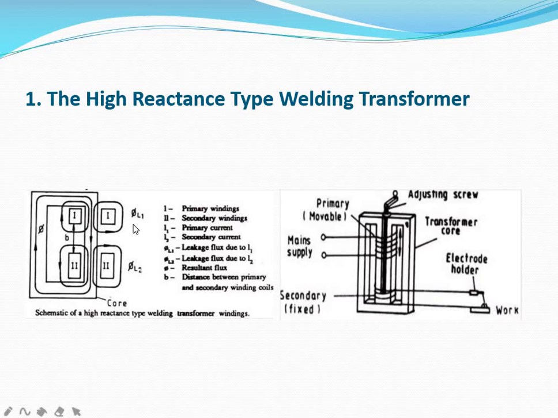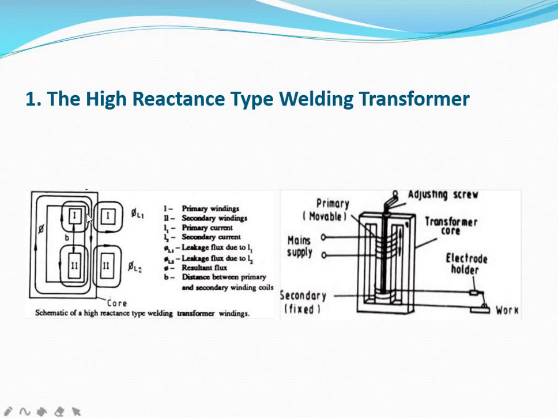Now, this condition is satisfied by placing the primary and secondary winding either on separate limbs or on the same limb but spaced some distance apart.